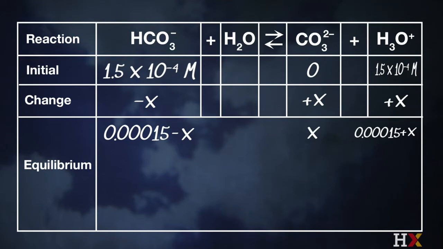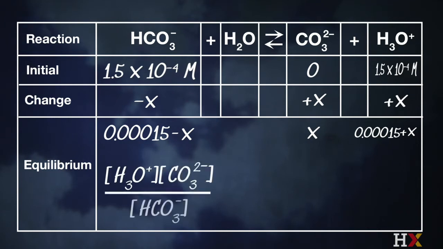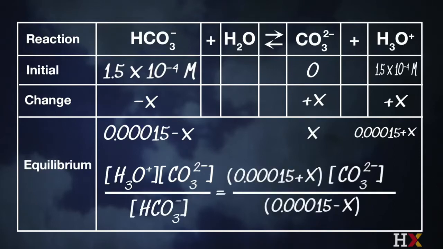So at equilibrium, we have the fact that the H3O+ times the carbonate anion divided by the bicarb concentration is equal to the second acid dissociation constant. But we know something else, and that is that this reaction is such that the concentration of the H3O+ cation is identically equal to the concentration of the bicarb anion.